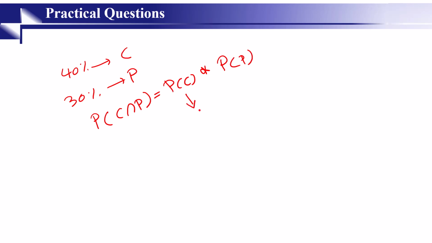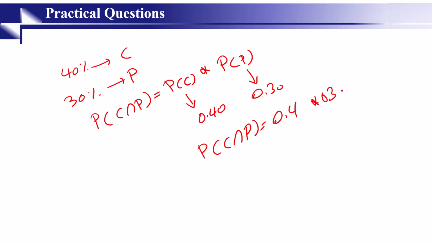P(C) is 40%, and the probability of pastries is 0.3. So P(C and P) is equal to 40% multiplied by 30%, which is 12%. This is the probability a customer orders both coffee and pastries.